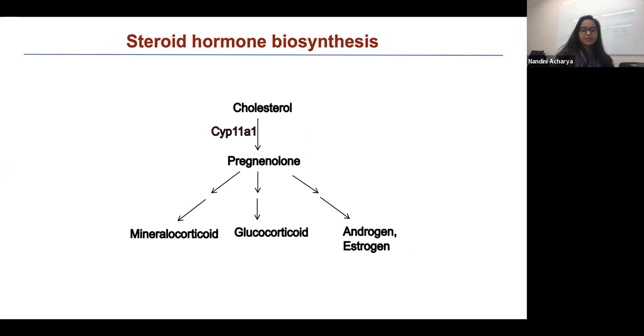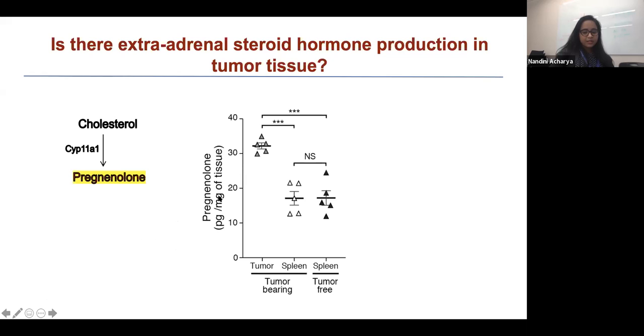Basically, CYP11A1 catalyzes the conversion of cholesterol to pregnenolone, which is the precursor of all steroid hormones, including glucocorticoids. So the first thing we did here, to ensure whether there is a production of glucocorticoid or steroids in the tumor microenvironment, was to measure the amount of pregnenolone in the tumor tissue and also in the spleen of tumor-bearing mice and tumor-free mice.